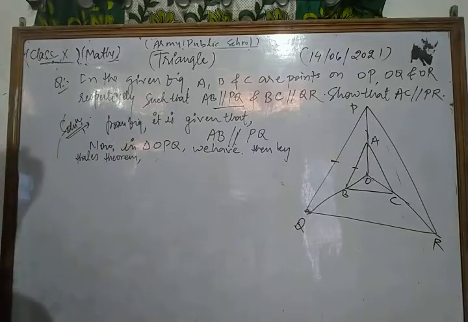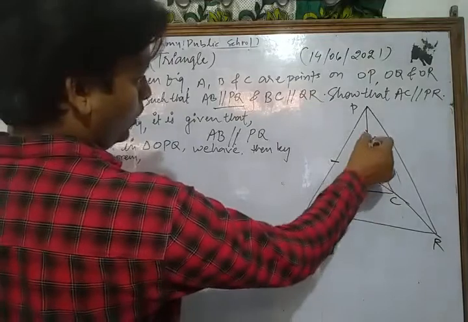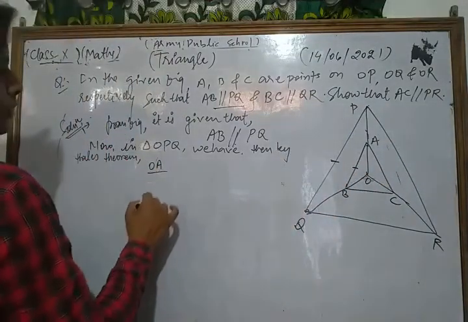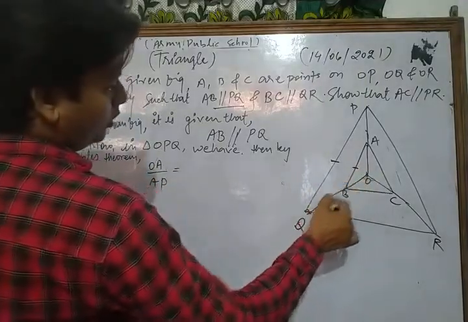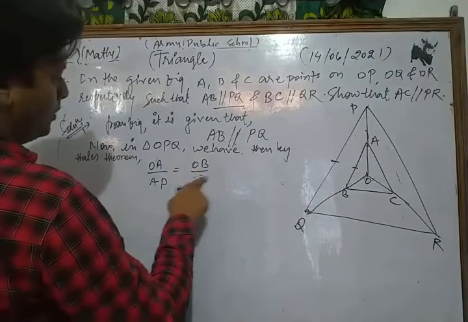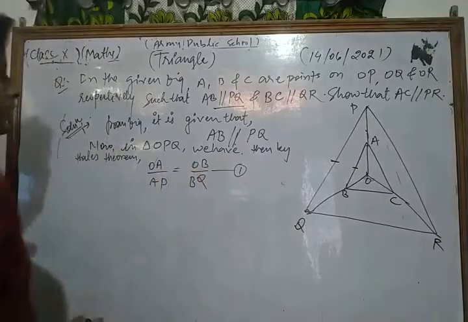what do I get, dear friends? We get OA upon AP is equal to OB upon BQ. Take this as equation number 1. Look once more.